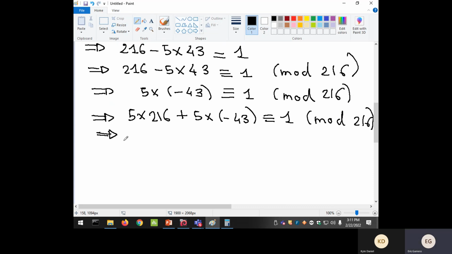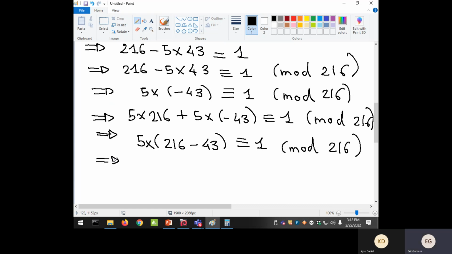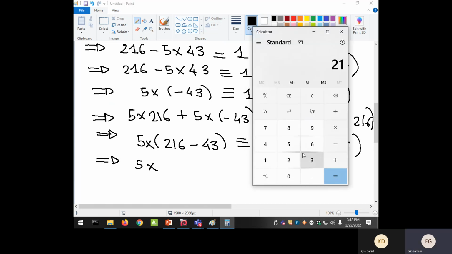So if I factorize the 5, I will have 5 times 216 minus 43 is congruent to 1 modulus 216. And this will be what? 5 times, okay, let's do 216 minus 43. 216 minus 43 is 173.